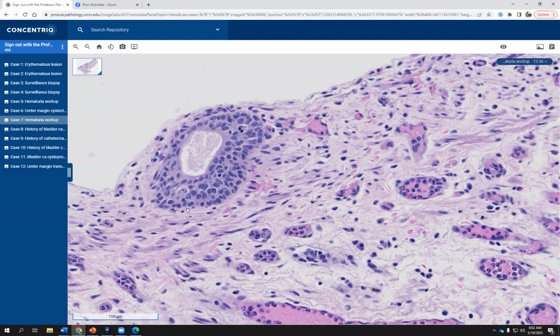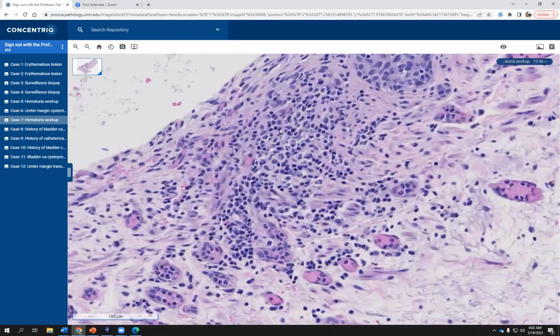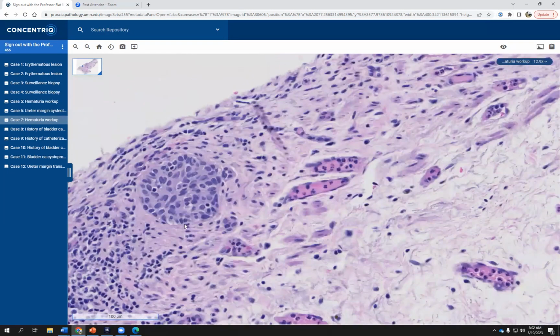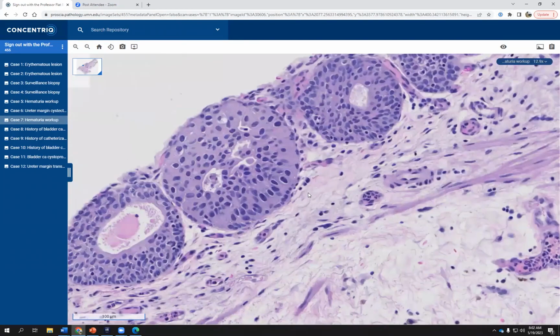So as you can see in this typical von Brunn nest, which also has a cystic change, you can see that there is some loss of architecture. So all the cells seem to be pointing in different directions. They seem to be piling up on each other. That's just the nature of the von Brunn nest. So you have to be prepared to see a slightly higher degree of atypia. However, as we keep scrolling, we see something that is a little bit different.